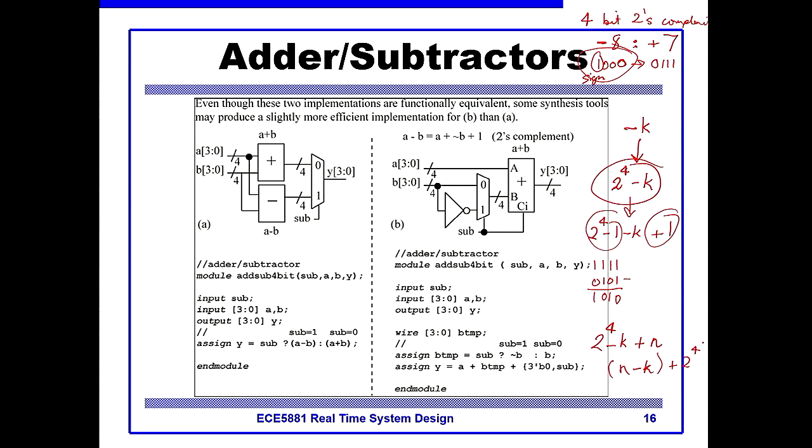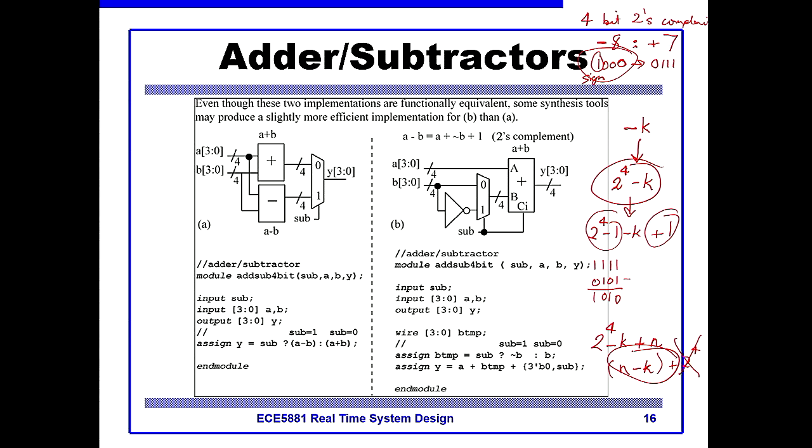So n minus k plus 2 to the 4 in 4-bit representation is just n minus k, because 2 to the 4 is 1 with 4 zeros after it, so that's a 5-bit number, so we throw that bit away. So that's how the 2's complement actually works in practice. It generates subtraction automatically out of addition.